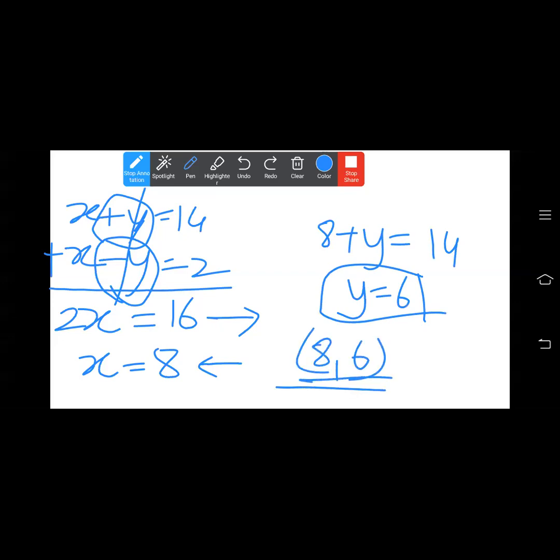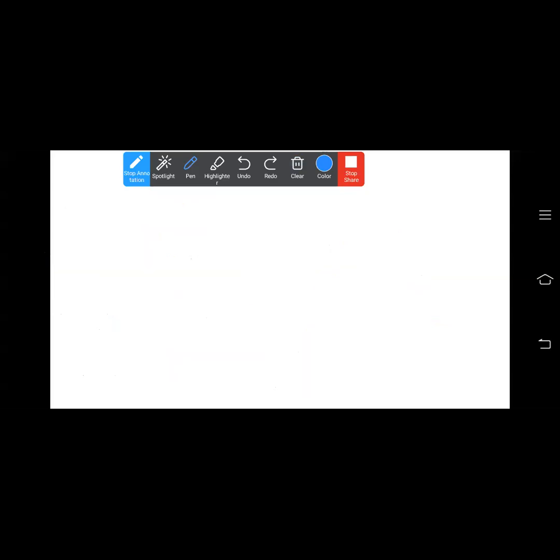So this is a quite easy method of finding the solution of both the equations x plus y equal to 14 and x minus y equal to 2, that we have done earlier. It was a very tough method to find so many ordered pairs and compare both the ordered pair solutions and find the solution. So we are done with this solution.